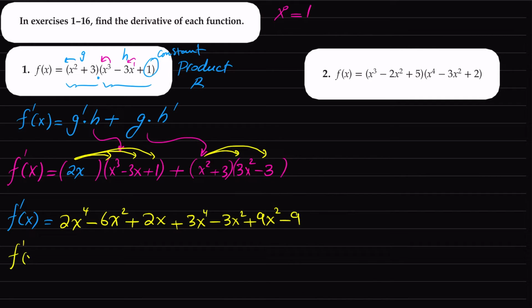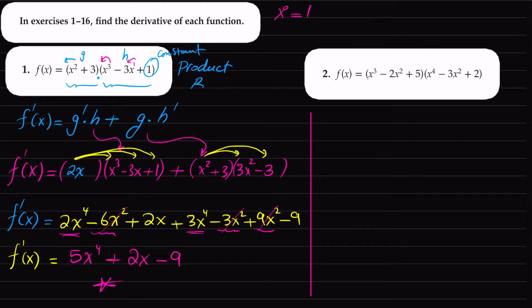Now we just simplify it. We have 2x to the power 4 plus 3x to the power 4, it's 5x to the power 4, negative 6x squared minus 3x squared plus 9. So negative 6 plus negative 3 is negative 9, plus 9 is cancelled, plus 2x minus 9. So this is our derivative of this function.